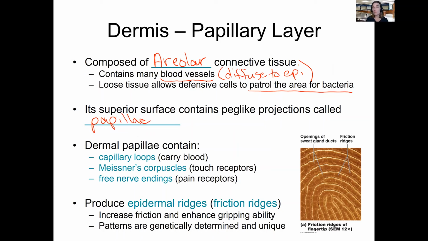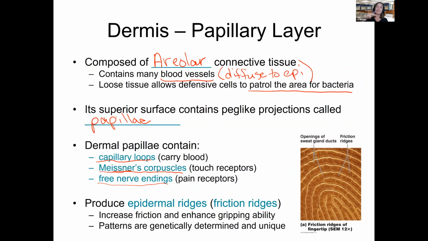So this is why we call it the papillary layer, because it's where all these papillae, these invaginations are. And within all these little papillae, within these little grooves, we're going to find a lot of capillaries. So capillary loops, bringing that blood to the area, allowing it to diffuse to the epidermis. We're going to find Meissner's corpuscles, which help with touch receptors. We're also going to find a lot of free nerve endings. So this is important so that you're picking up sensation from your skin.